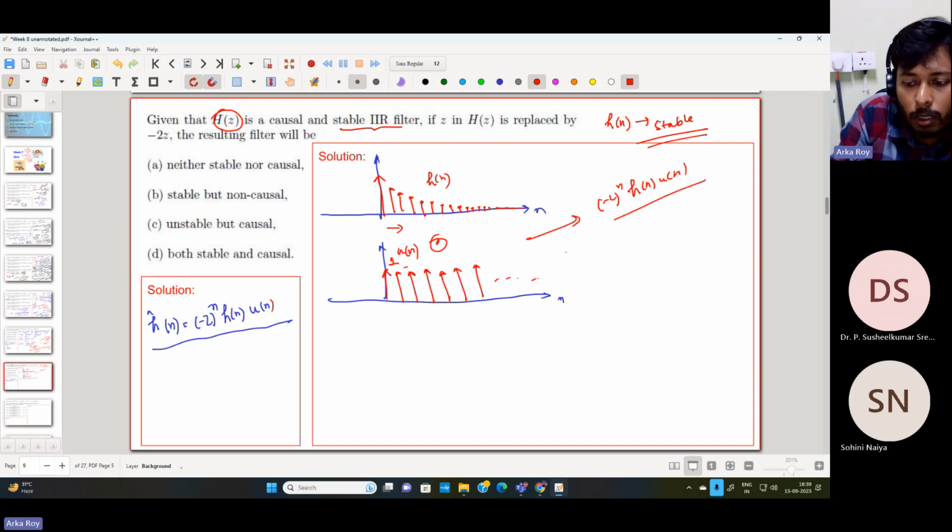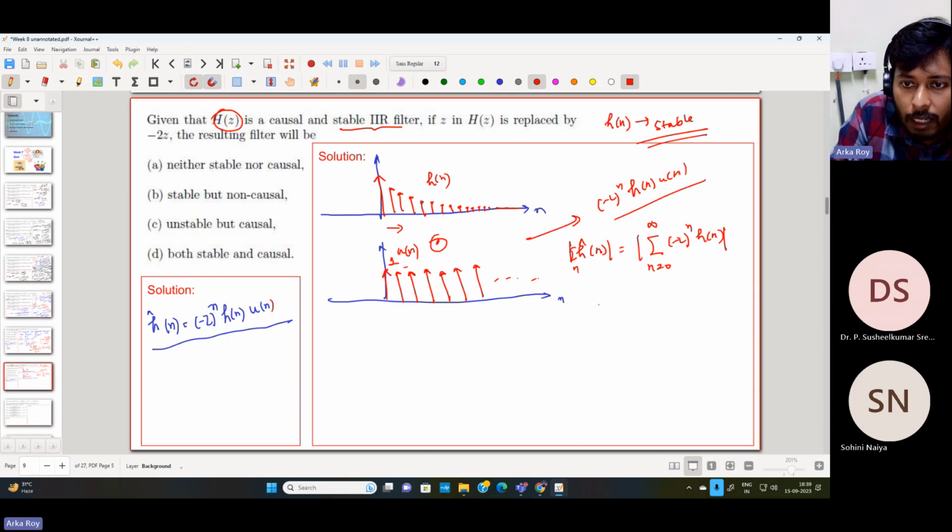For stability, we can check the condition of stability. So it will be a summation running from n equals 0 to infinity, because we are actually bothered about the right hand side samples. So n equals 0 to infinity, minus 2 to the power n h of n, and because we are multiplying u of n, that means for each and every sample we are multiplying by one, so I'm not explicitly writing u of n over here.